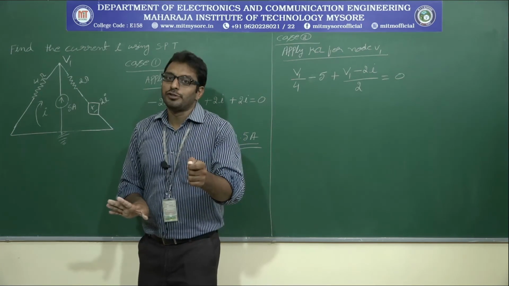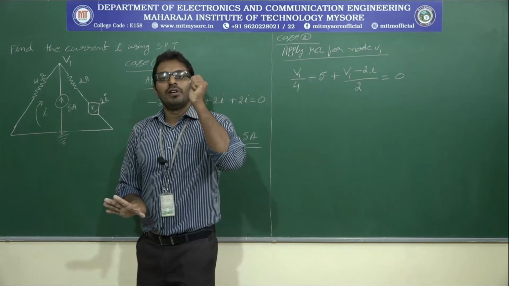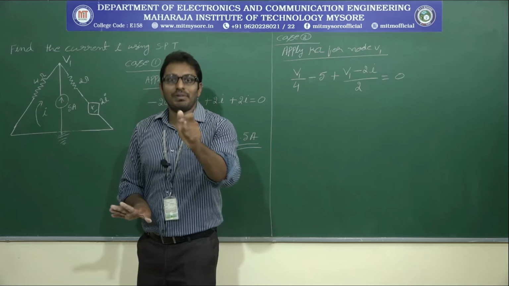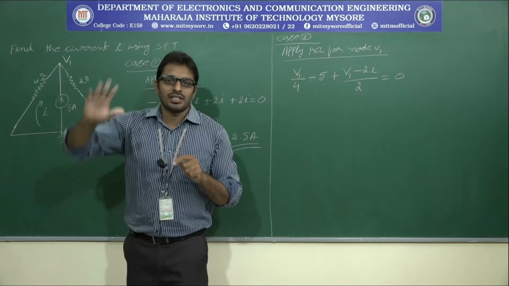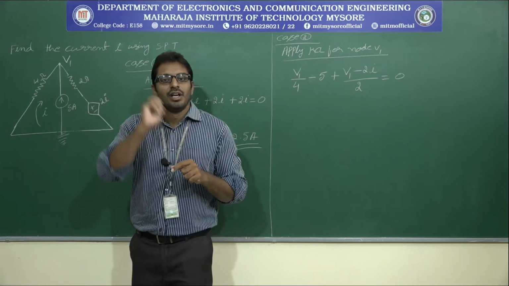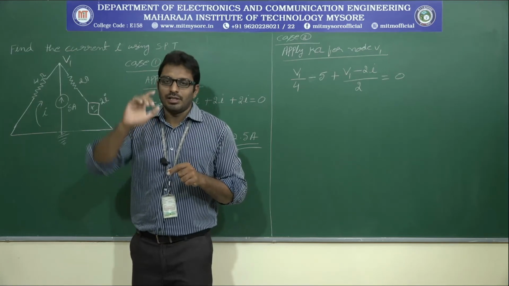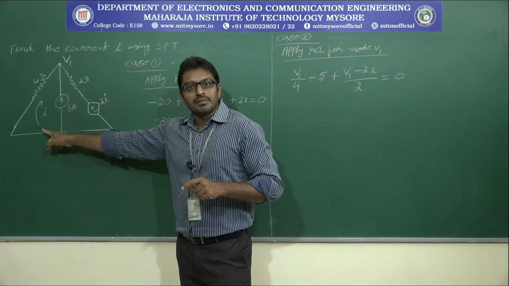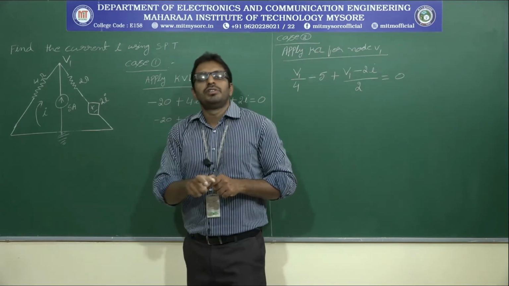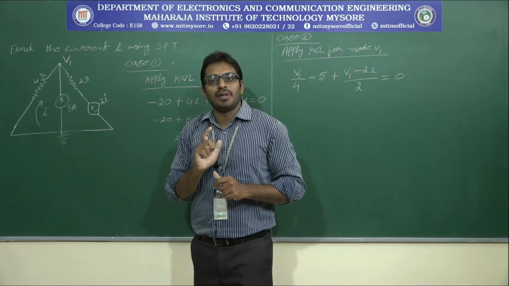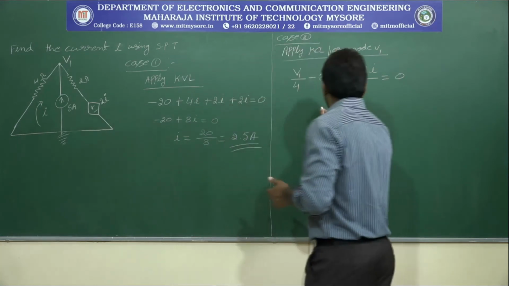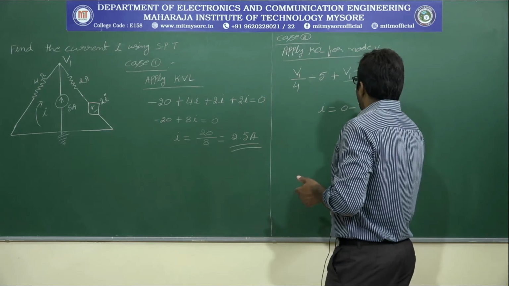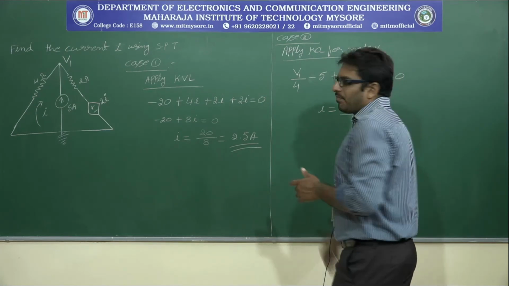But in the superposition theorem, we should find the current in all cases in the same direction. If in the first case it is clockwise and in the second case anti-clockwise, you will get a wrong answer. Once you calculate I for this direction in the first case, in the second case also we should calculate current I in the same direction. Therefore, I is equal to 0 minus V1 divided by 4.